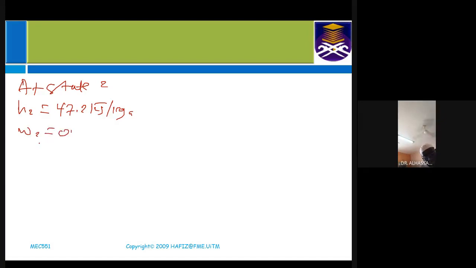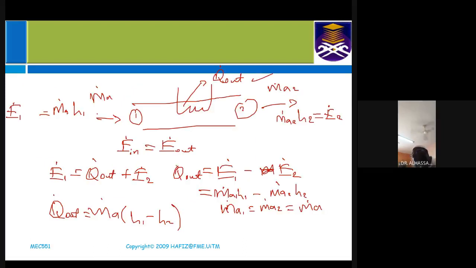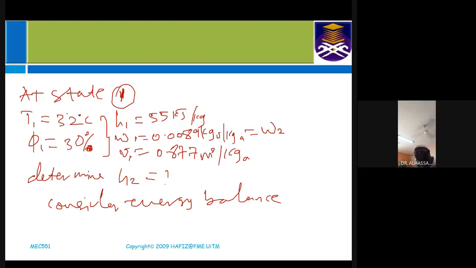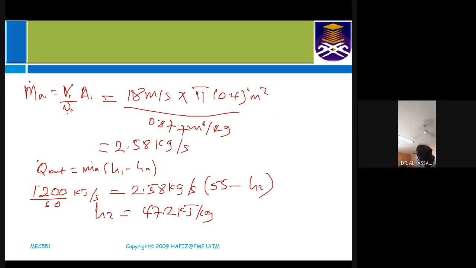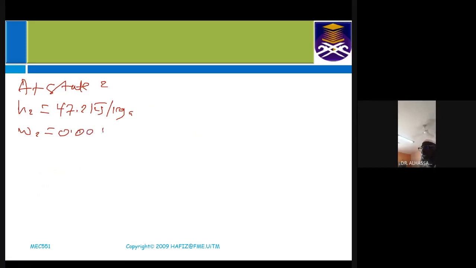So now at state 2, H2 equals 47.2 kilojoules per kilogram of dry air, and omega 2 equals 0.0089 kilogram of moisture per kilogram of dry air.